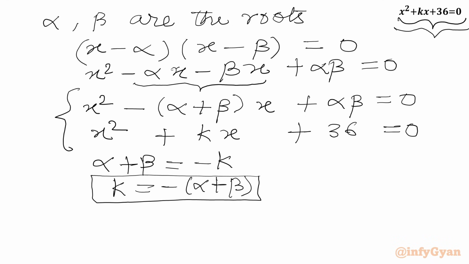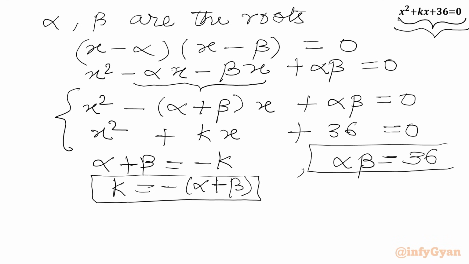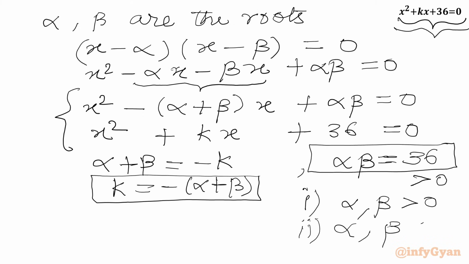Now we compare the constants from both equations: alpha beta will be equal to 36. Now we have the product of roots positive, so we have two conditions on alpha and beta. Either both must be positive, then only we get the product positive, or both must be negative. Then only we get our product 36 with plus sign.